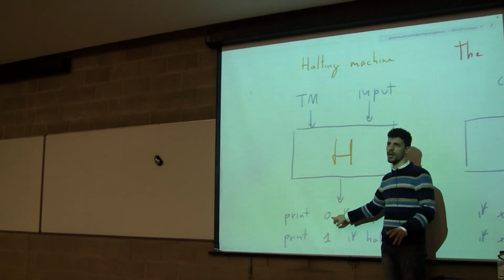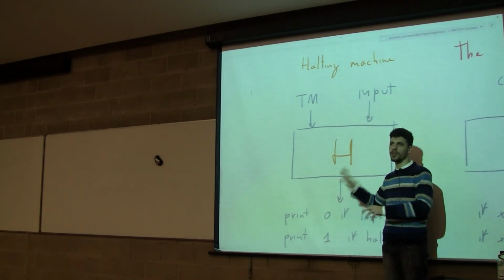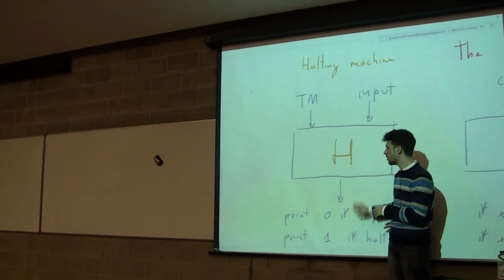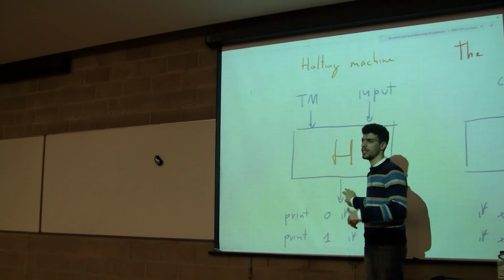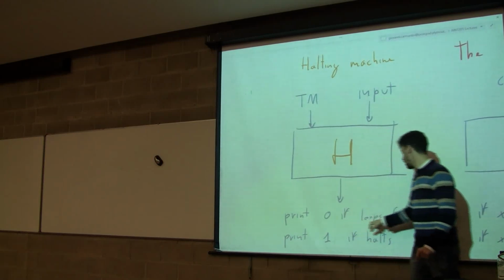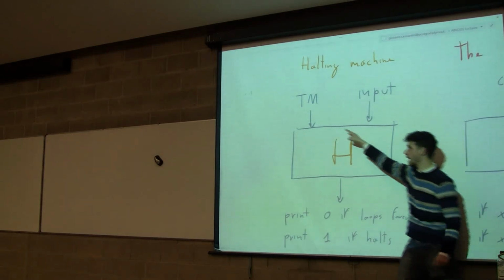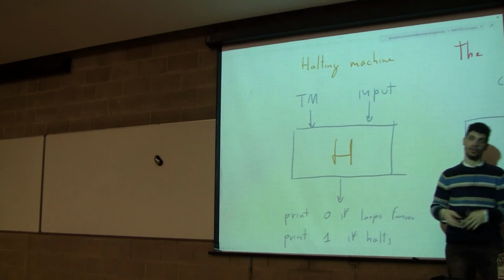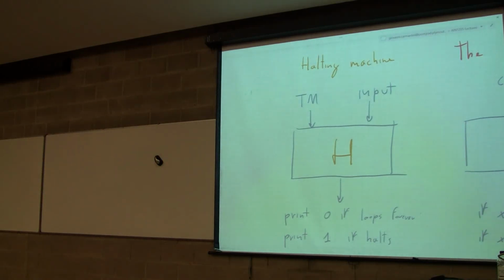I'm doing this just for clarity. You don't need to print anything, but because I'm going to do some composition of machines, the fact that this prints makes it easier to explain. So it prints 0 if the machine TM loops forever, or it prints 1 if it doesn't. So if it halts, 1.